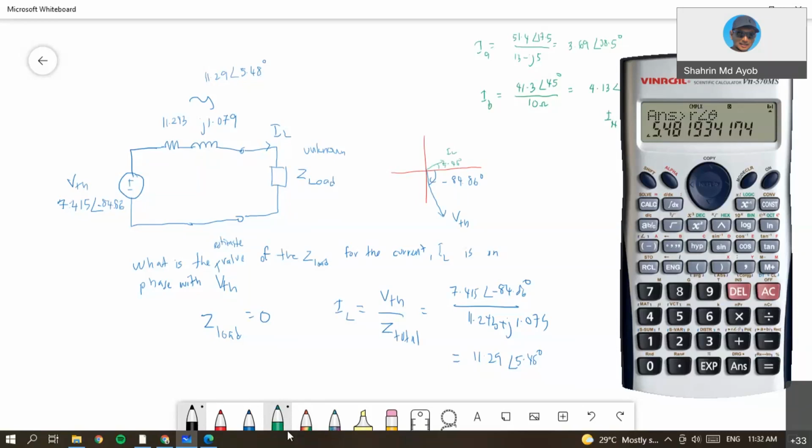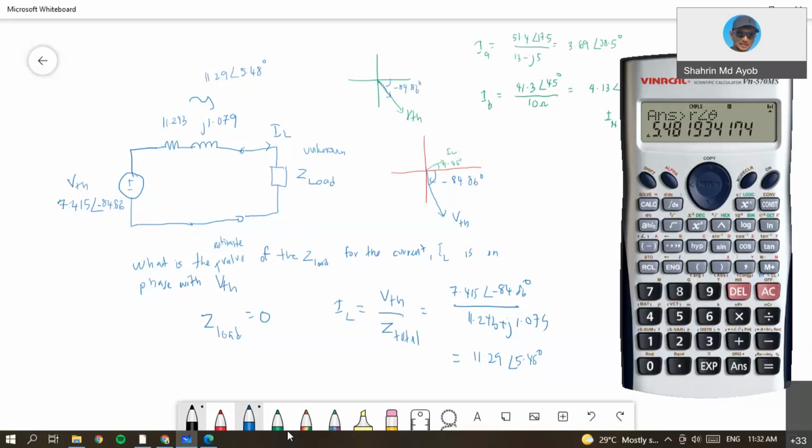For it to be in phase, the angle of IL should also be negative 84.86 degrees, the same as VTH.